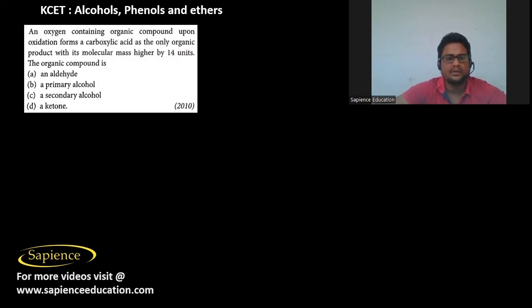Then here it is told an oxygen containing organic compound upon oxidation forms carboxylic acid as the only organic product with its molecular mass higher by 14 units. The organic compound is?